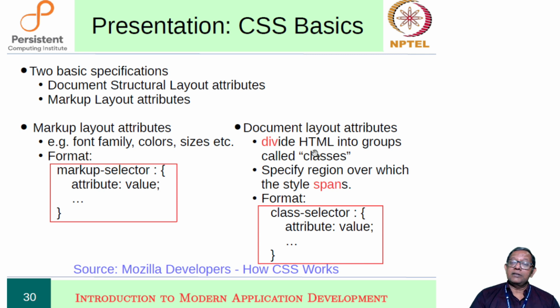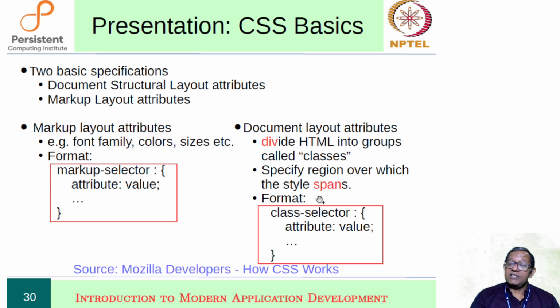You could divide the HTML into groups called classes, or you could specify regions over which the given specification spans. There are ways of organizing an HTML page, and we have just shown how to organize HTML into groups using classes of the div tag.